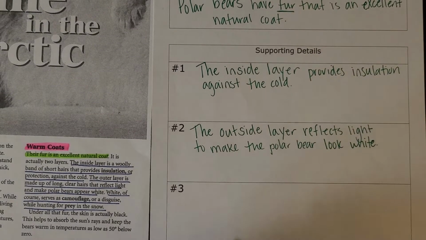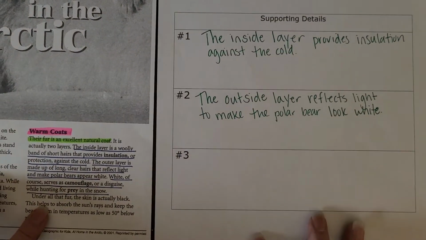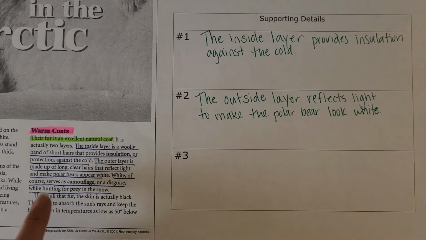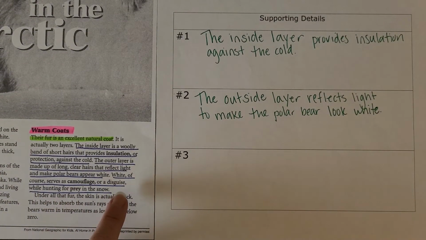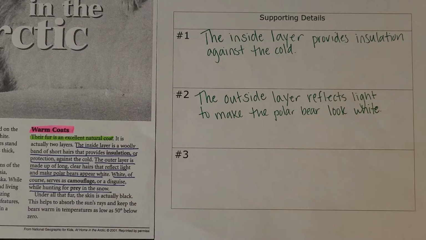And then this detail connects to our last detail. Our last detail talks about how the white serves as camouflage or a disguise while they're hunting for prey in the snow.